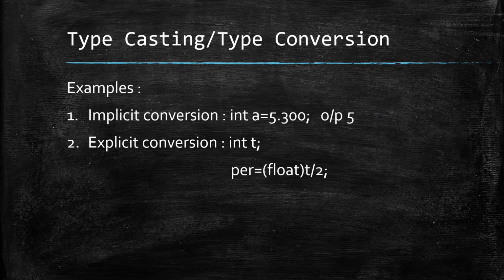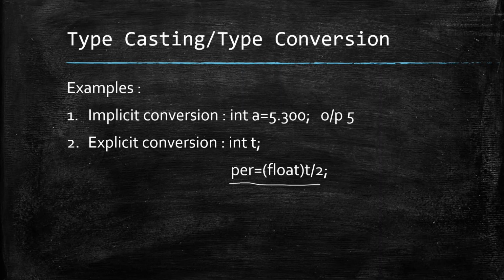Next, coming to the explicit conversion. This is my example. Look carefully. I've given the expression int t. And percentage is always in decimal values, you can never get an exact whole number.